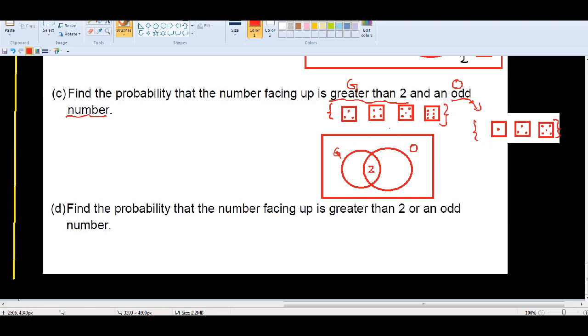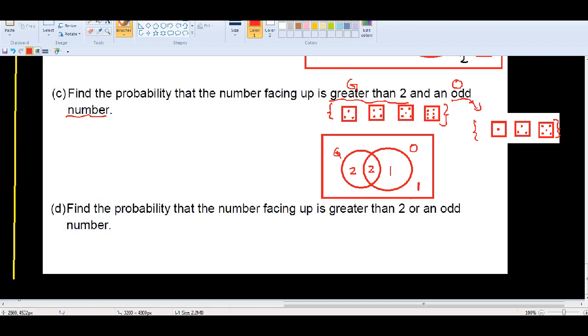For greater than 2 but not odd number, there are another 2 right here. And for odd number, there's another one here. And of course, there should be one case which is neither greater than 2 nor odd number.